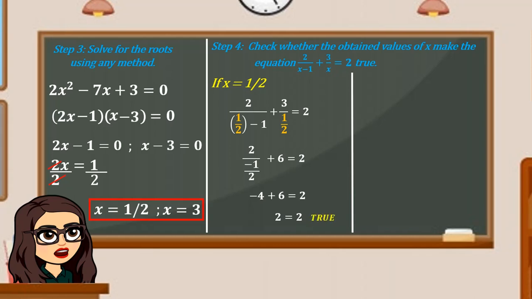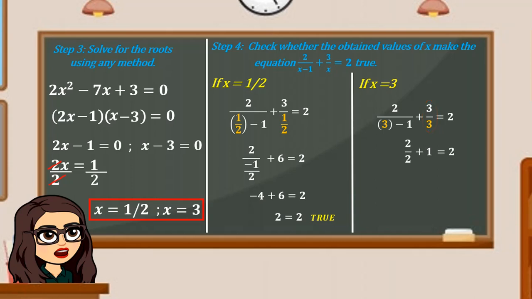So this is true. For the next obtained value, which is positive 3, again, substitute 3 to the variable x in the original equation. So we have 2 over 3 minus 1 plus 3 over 3 equals 2. 3 minus 1 is 2, so we have 2 over 2. Then 3 divided by 3 is 1.